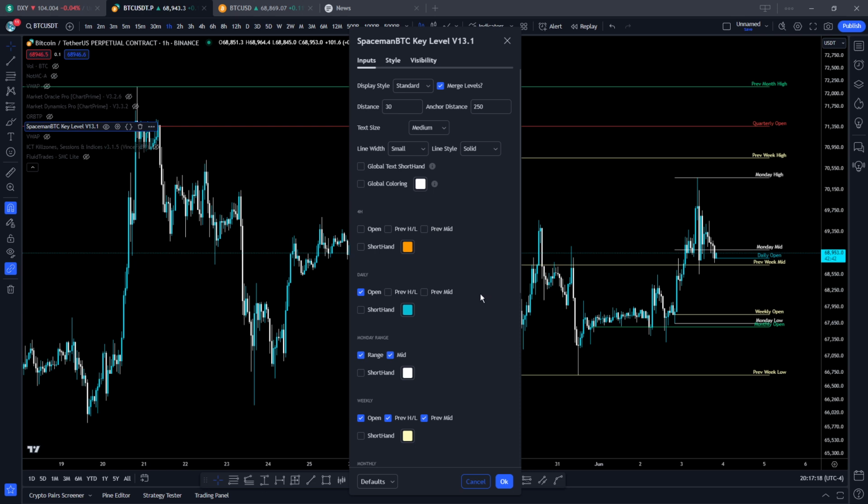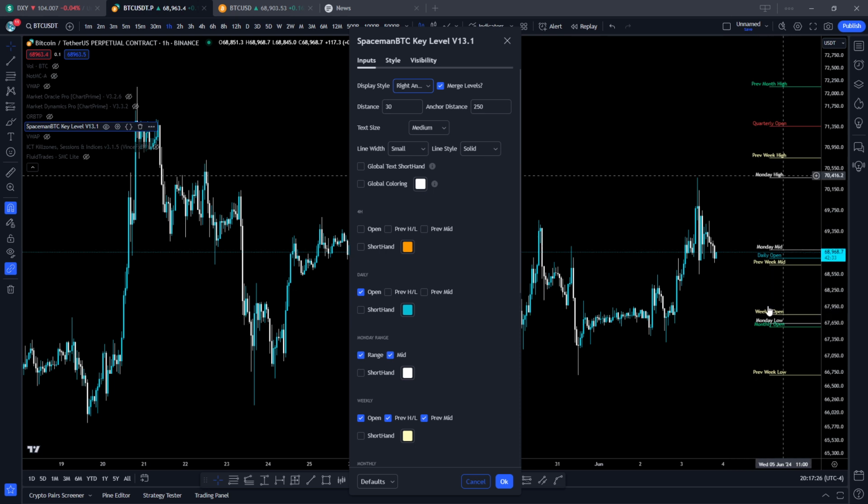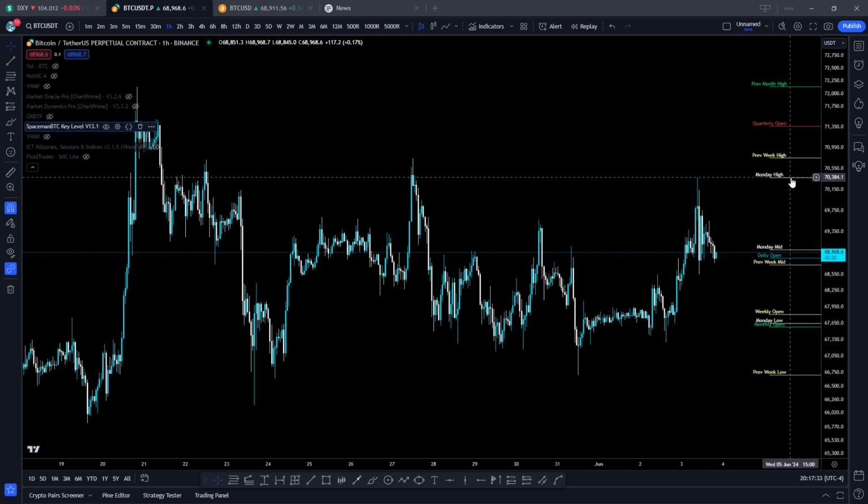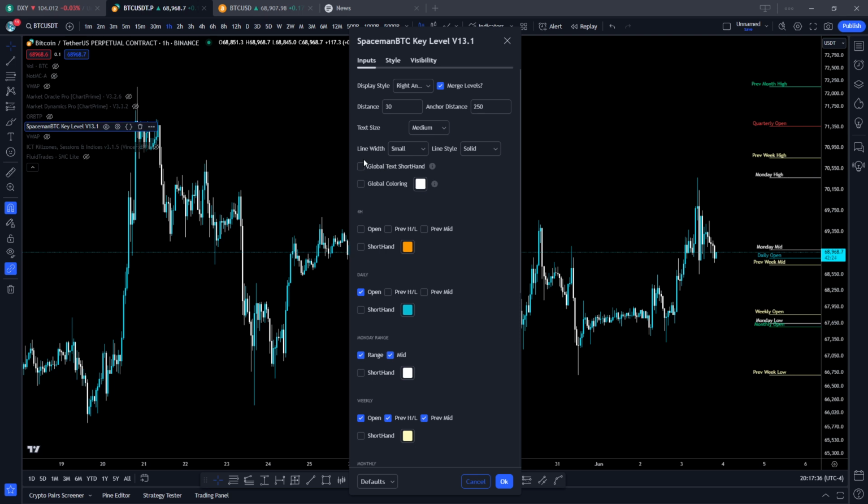Let's go ahead and go into the settings. So in this one, we have display style, which is standard, and then you have right anchored, which just shifts all the labeling over to the right like this. It kind of gives you some more room on the chart. So we also have other stuff in here. We've got distance, we've got text size. If I do global shorthand, it's going to shorten all of these up into just little acronyms.